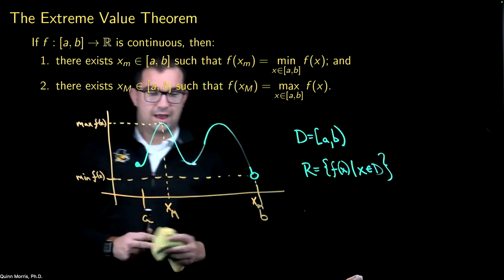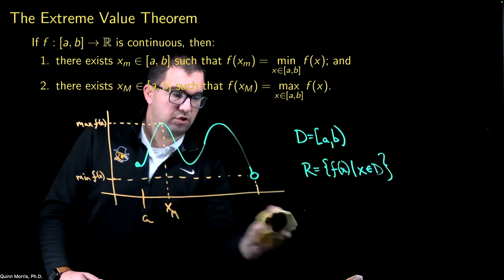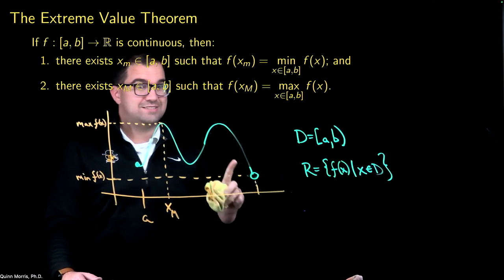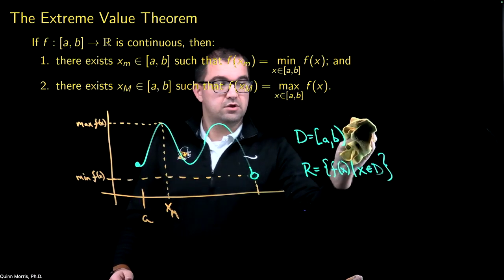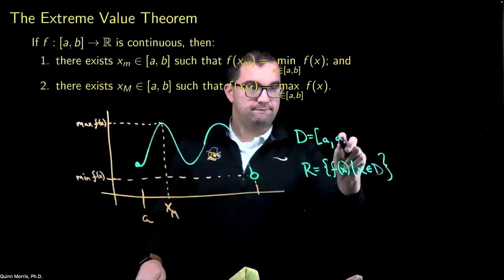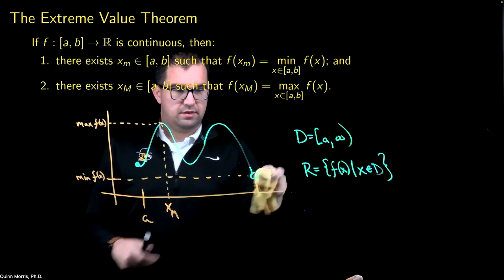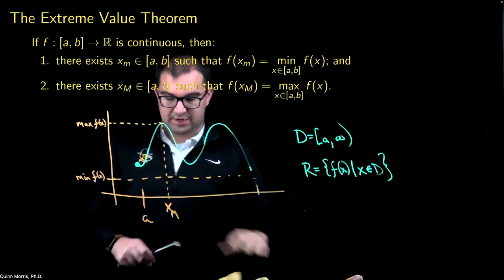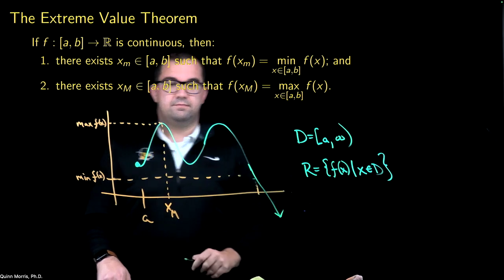Now the other way I could force this to fail is if I could still look at a closed set, but I could look at an unbounded closed interval. So if, for example, I let my domain be a to infinity, then, as you can imagine, I could take some sort of function that looks like this. Okay.